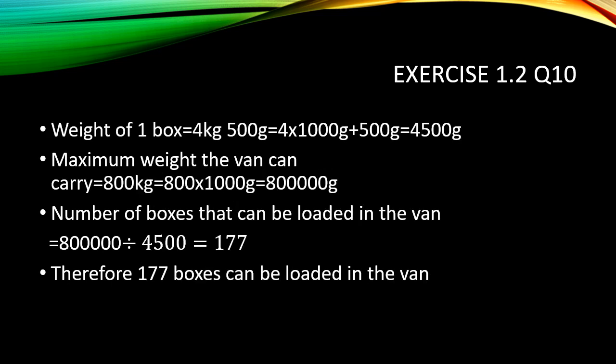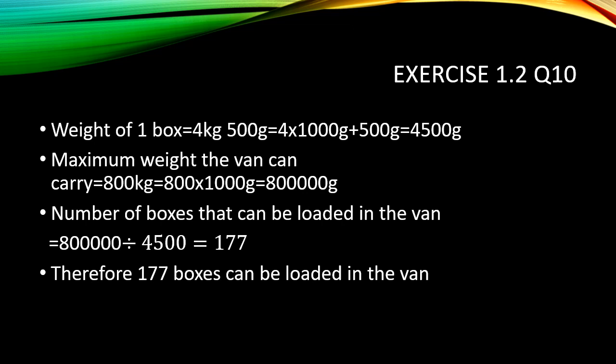Question number 10. Medicine is packed in boxes, each weighing 4 kg 500 gram. How many such boxes can be loaded in a van which cannot carry beyond 800 kg? Weight of one box is equal to 4 kg 500 gram. That is equal to 4500 gram.